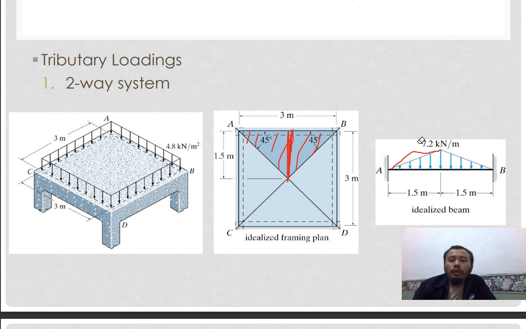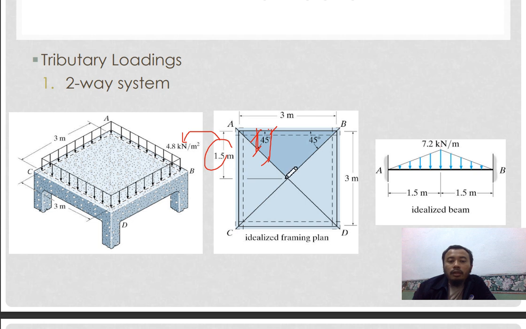So how do we calculate 7.2? Because of the length 1.5, the peak here is 1.5 meter, then it is being reduced because the distance of the area is being reduced.